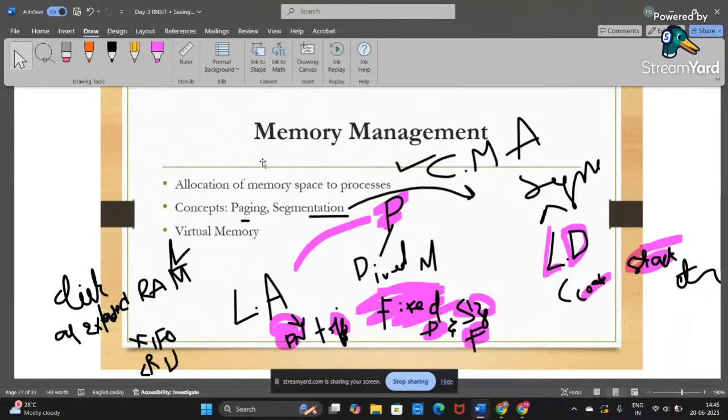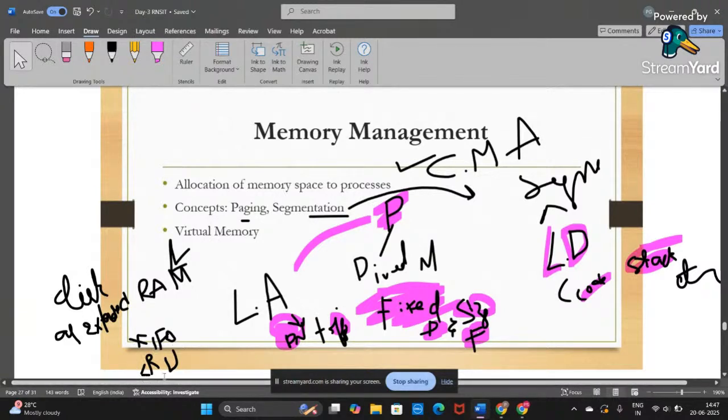In segmentation, the memory is divided based on the logical division, like code, stack, etc. Then virtual memory uses disk as an extended RAM, with demand paging and page replacement algorithms like FIFO and LRU.